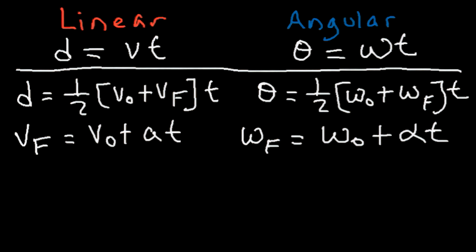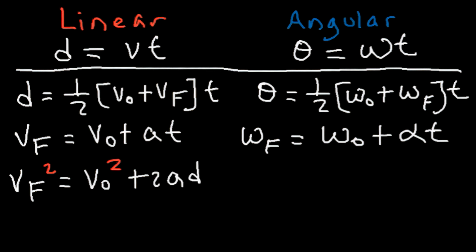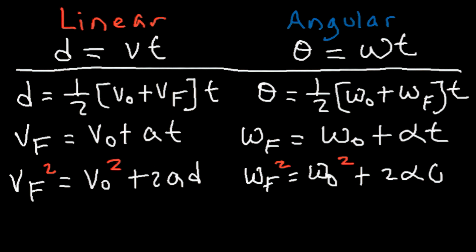Look at the similarities between the two equations. Final velocity squared is equal to the initial velocity squared plus 2 times the linear acceleration times the displacement. Final angular velocity squared is equal to initial angular velocity squared plus 2 times the angular acceleration times the angular displacement.